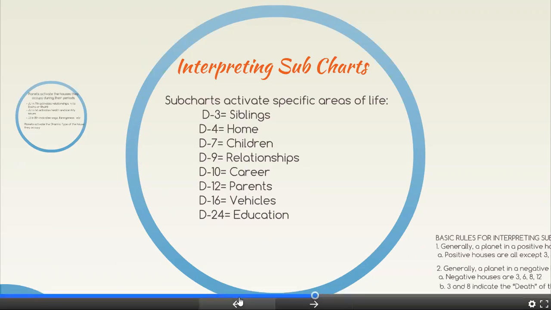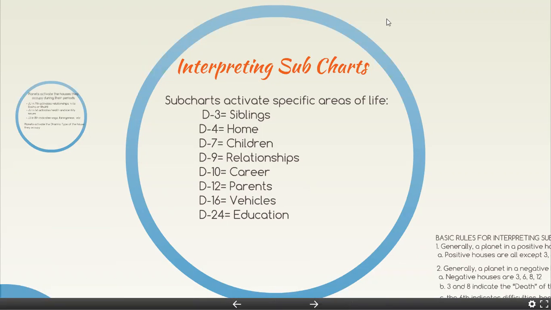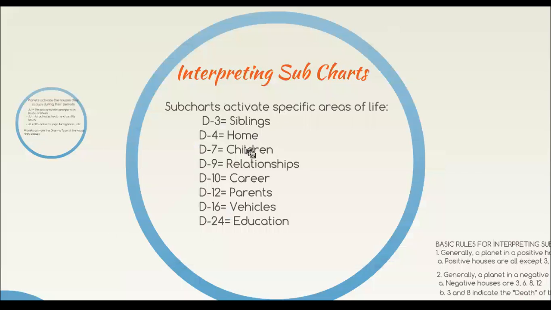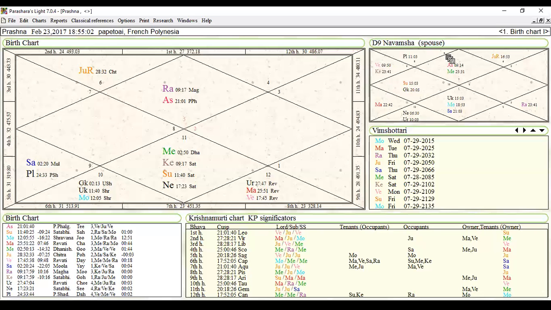So what I'd like to do is look a little bit deeper now into the Navamsha, the D9. And to do that, let's go back and look at a chart here. So with respect to the main chart, the Navamsha, because it's the D9 division, and the number 9 is a very sacred holy number in Vedic tradition, it's the number of completion.